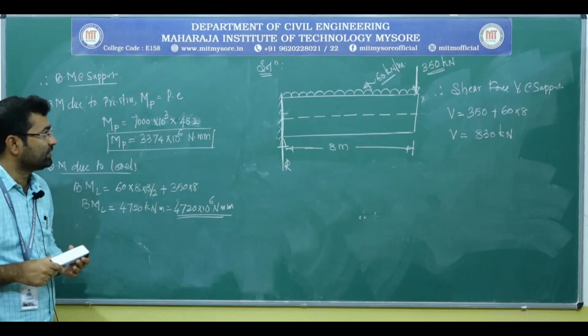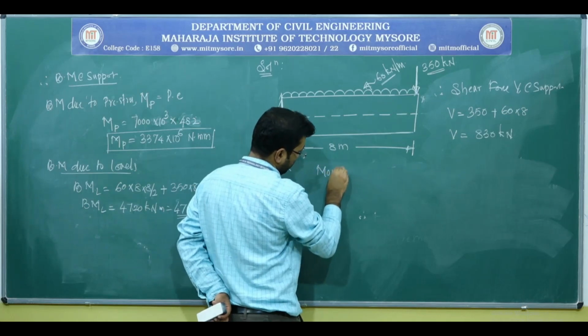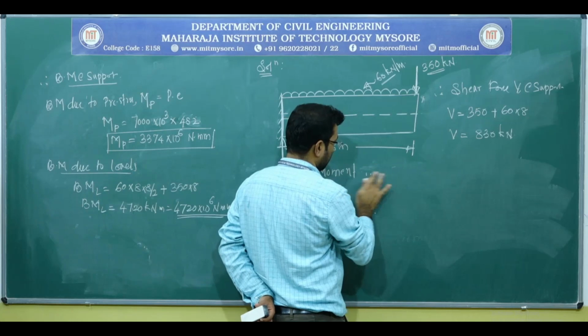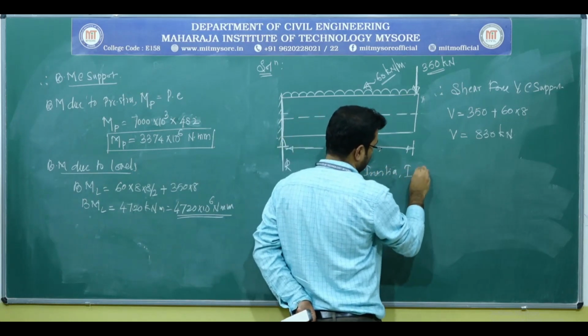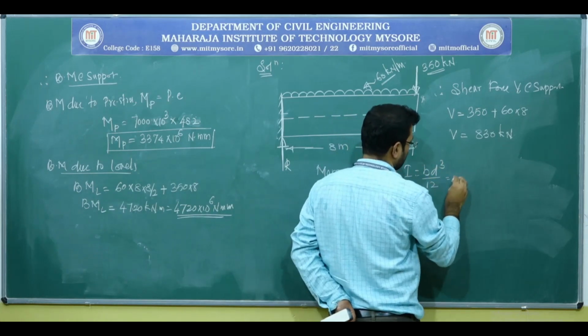Now before that, let me calculate the moment of inertia, because we need that in the calculation. Moment of inertia I is equal to BD cube by 12.